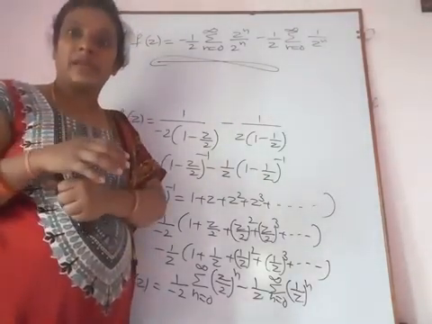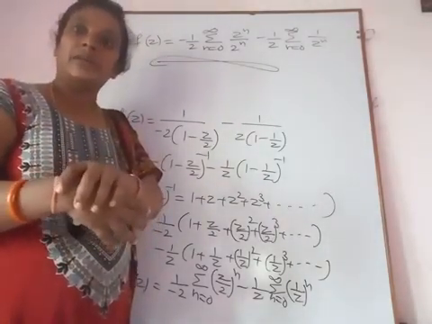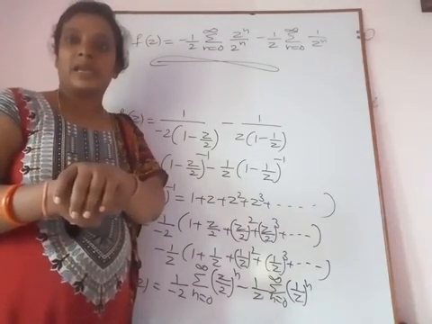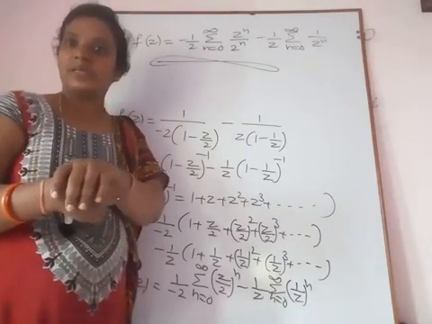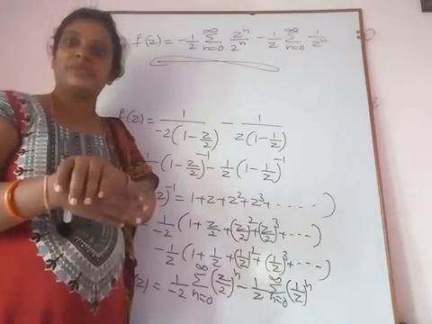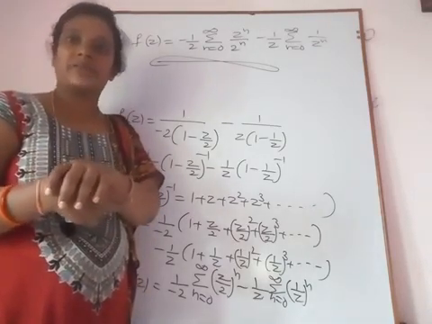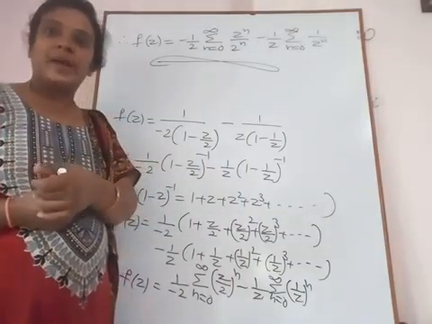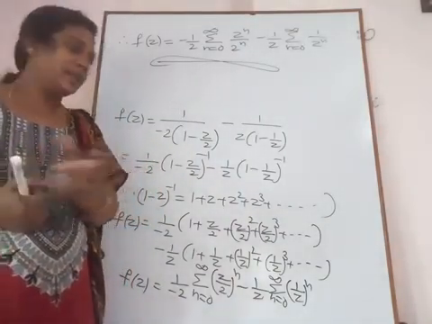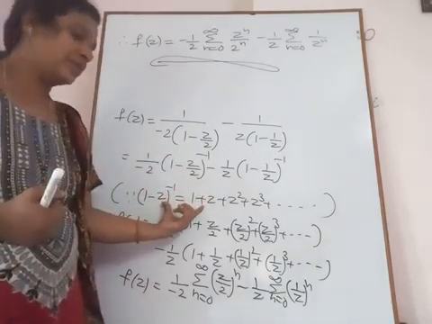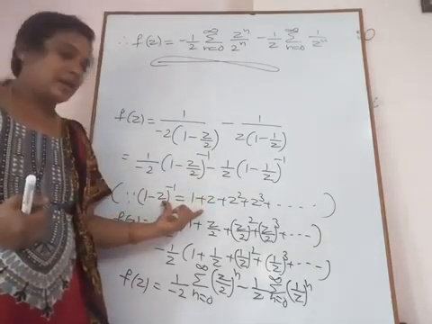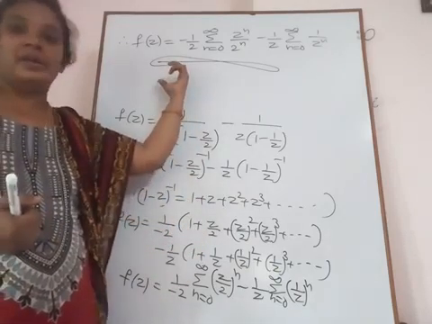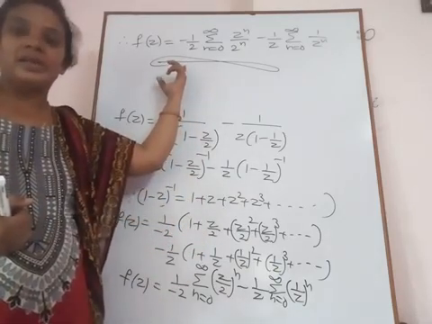First, we check the region and the function f of z. If second degree or third degree polynomials are there, we can split them into factors and, by using partial fractions, split into terms. Then that can be expanded by using the binomial theorem, whichever is the suitable result, and simplified, and this is the Laurent series.